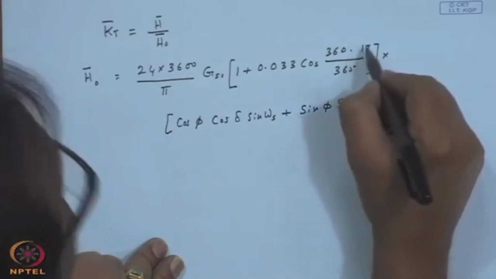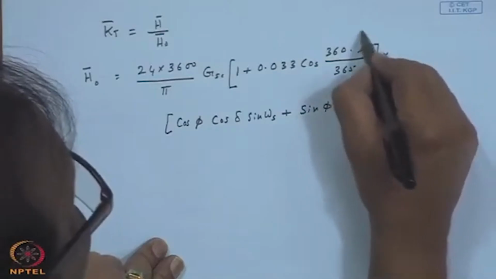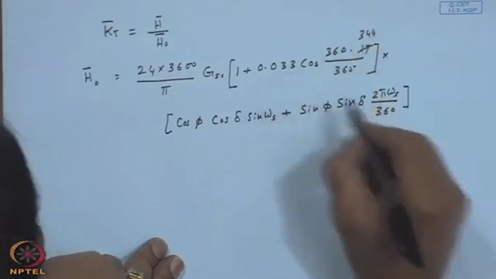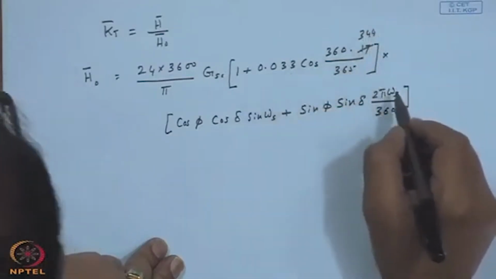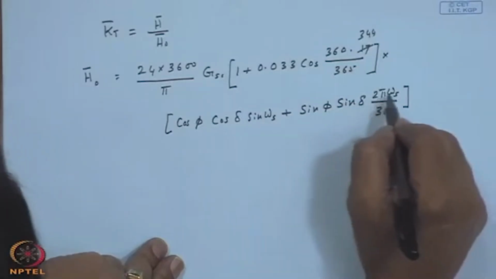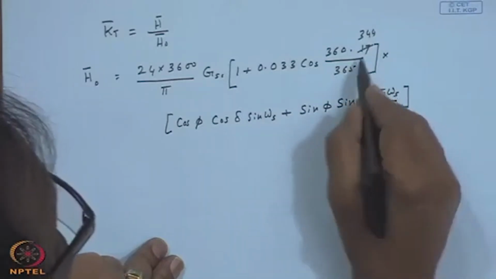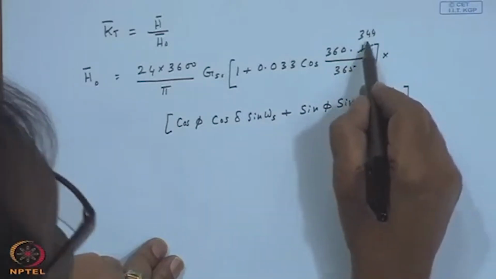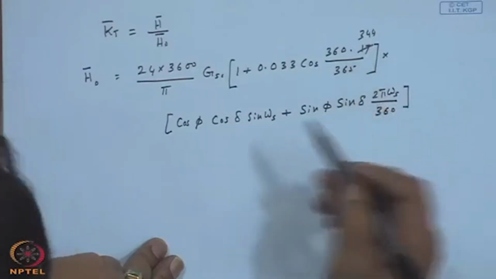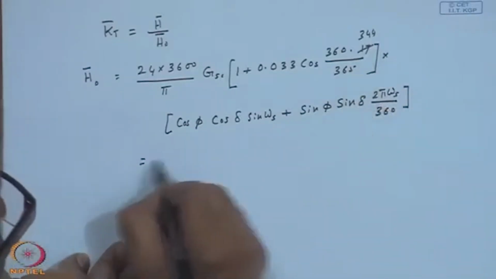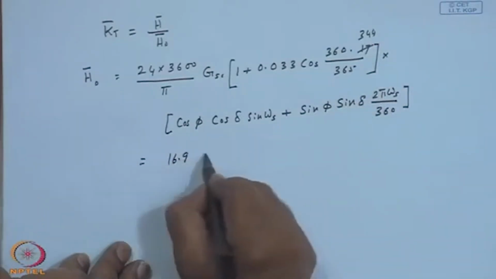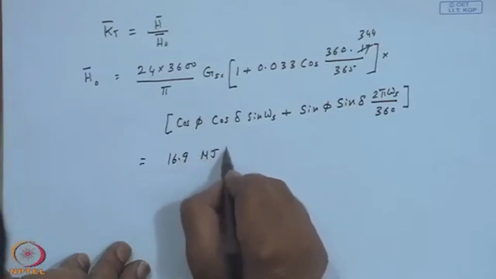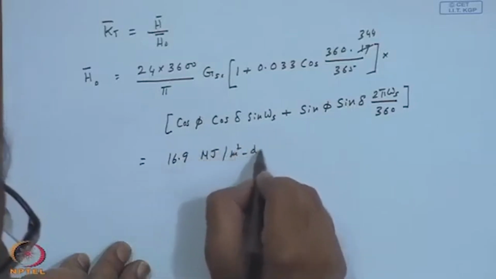I think this should be 344. Just check up. I have made the calculation correctly, but here writing is wrong. 2 pi omega s by 360, because this will be the midpoint of the month of December. So, this will turn out to be 16.9 megajoules per meter square day.